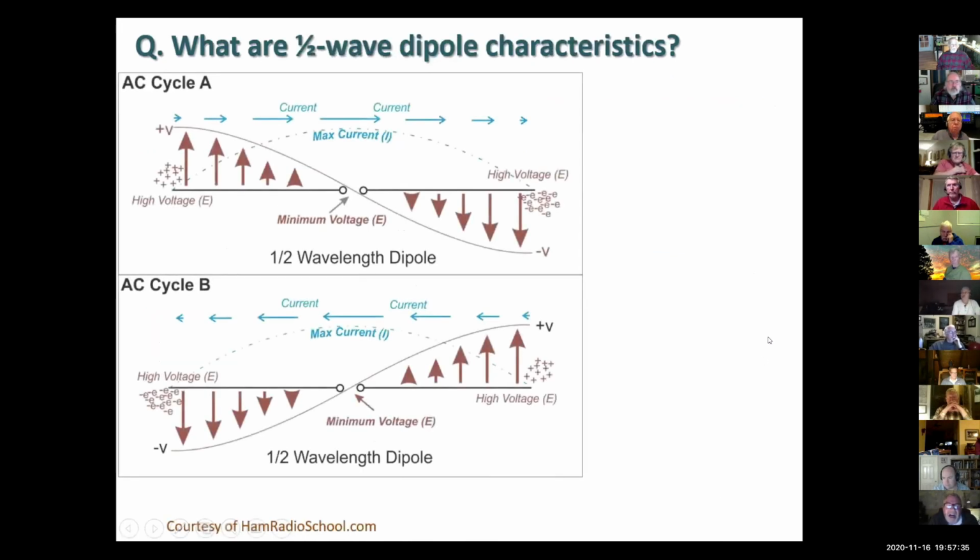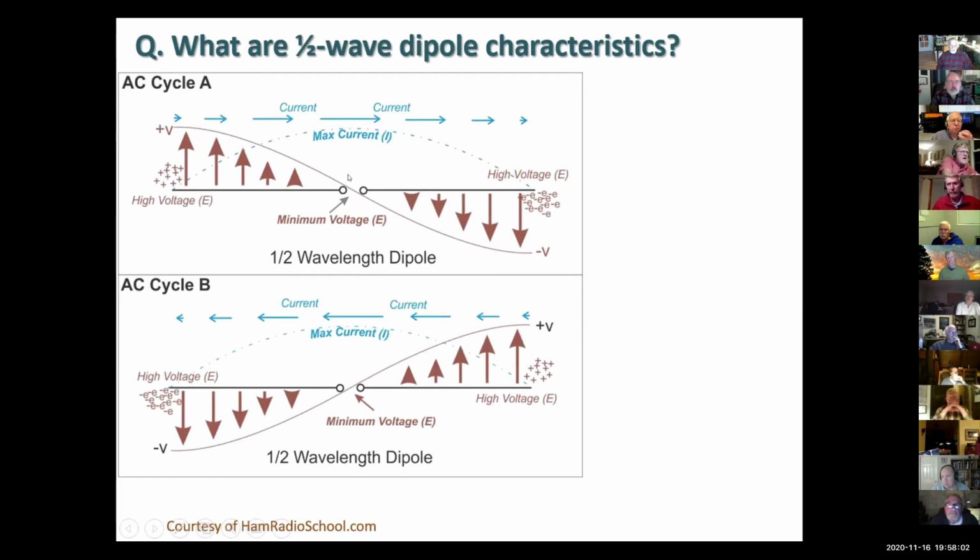This is one thing I think maybe people don't appreciate quite as well, so I want to make sure I emphasize it. There's something magic about the length of a half wave. I like to think of it as if I was an electron minding my own business, sitting on this dipole someplace, and somebody hooks up a radio signal that is exactly a half wavelength, consistent with that dipole.